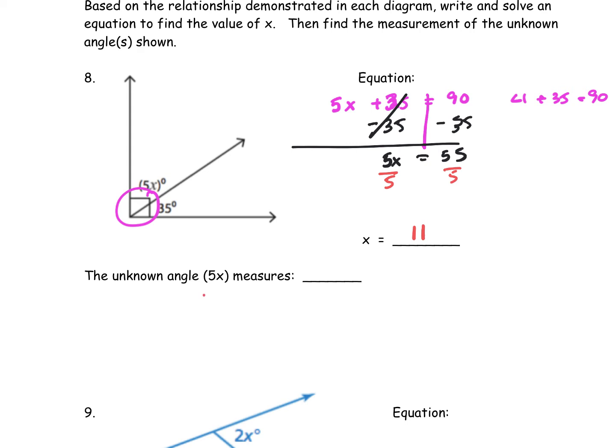In order to find out the unknown angle measurement, we would take 5 times 11, and that's going to be 55 degrees. We could have come at this a different way, but since it also wanted us to solve for x, that was also important. Let's now go to number 9.